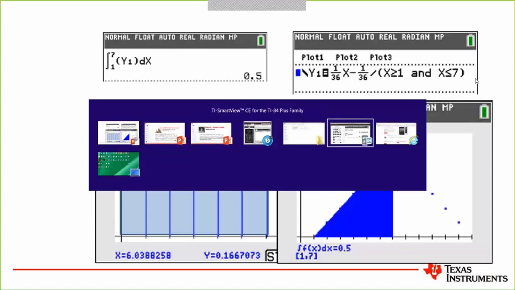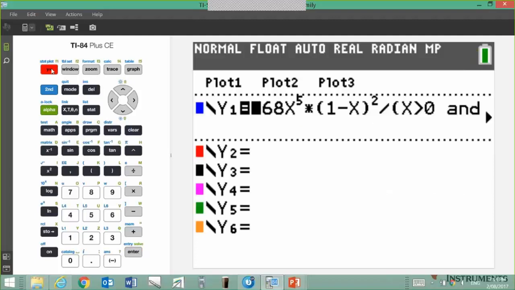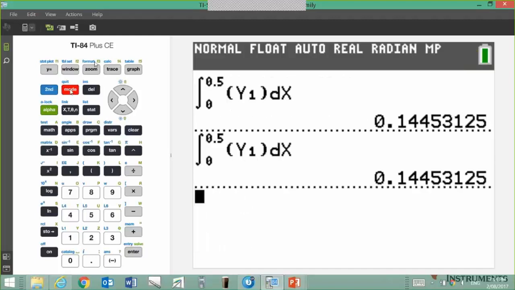Switching to that calculator. Here's the deal here. So to do a numerical integration, you can see here's one I did earlier. I have a different function here. That's this one here. And to do that numerical integration, remember we had second function keys, the blue, and then hit another key to get to what comes up in blue. And on the alpha key, you would call up the alpha keyboard.